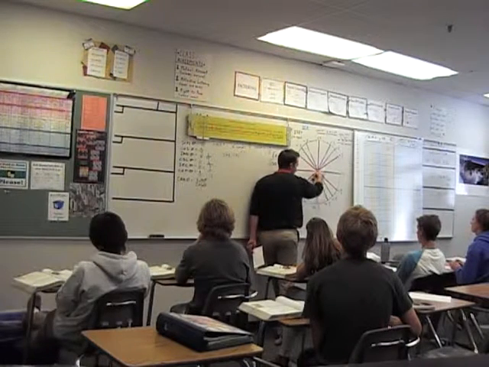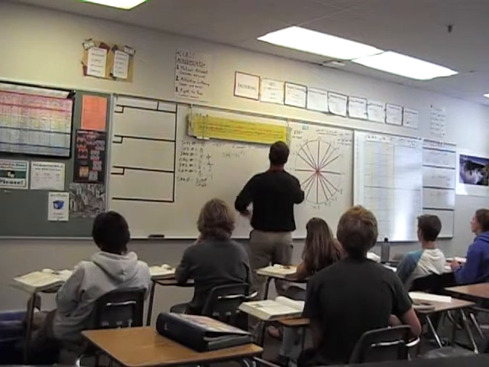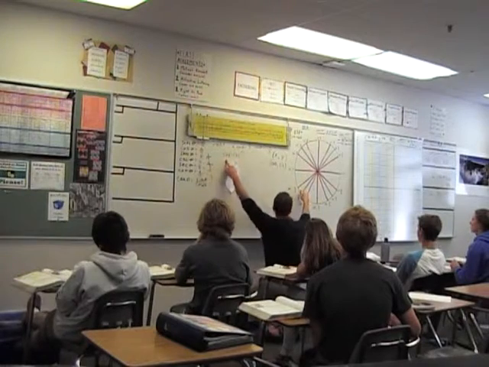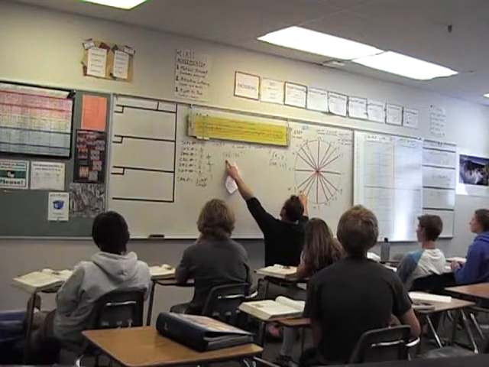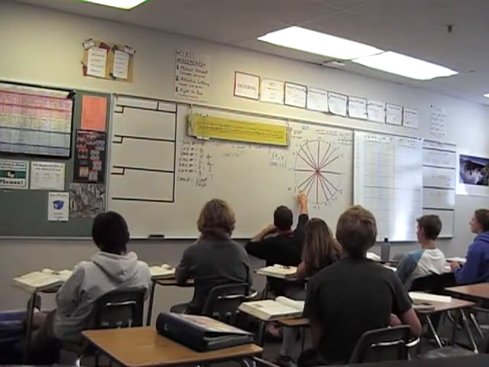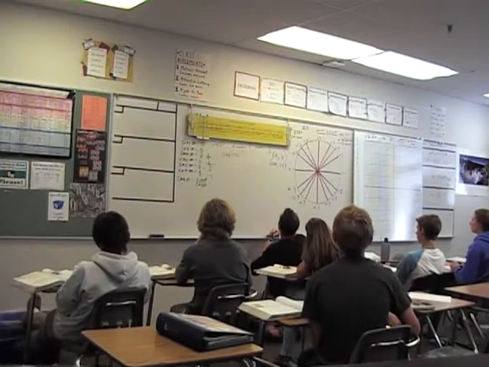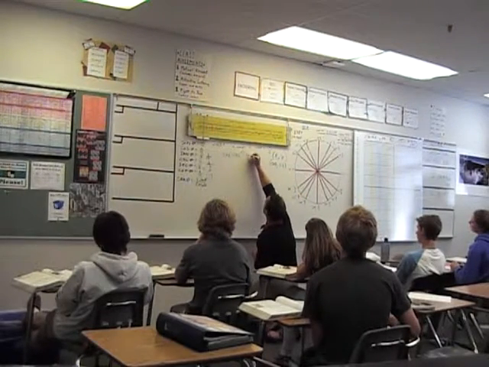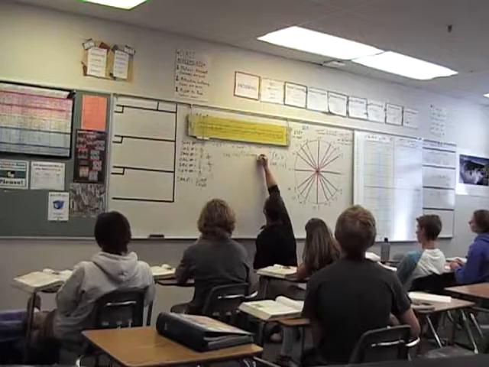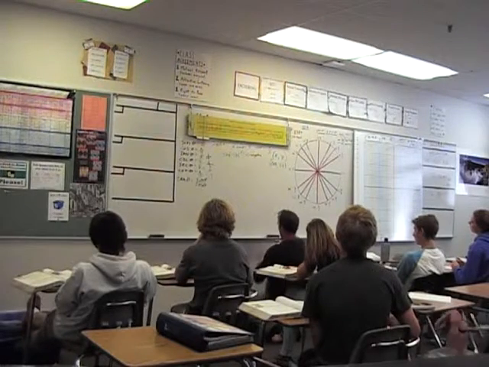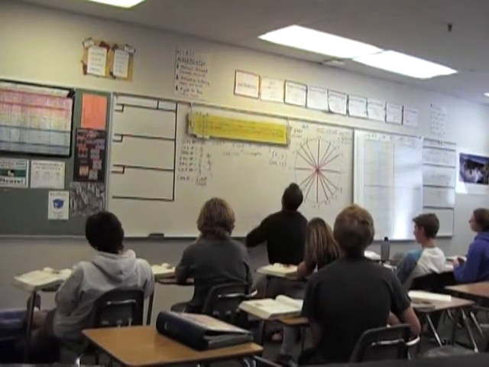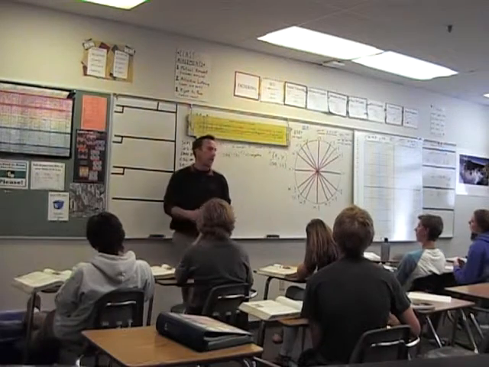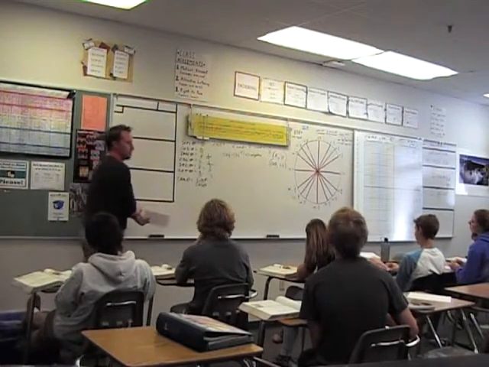Where are you at, like 7 o'clock, 7:30? Is the sine of that angle positive or negative? Negative. Why is it negative? How do you know that? That's what I want you guys to be able to tell.